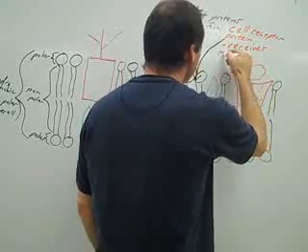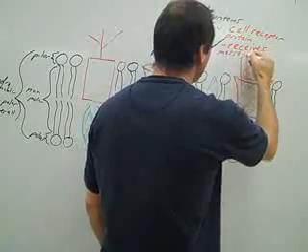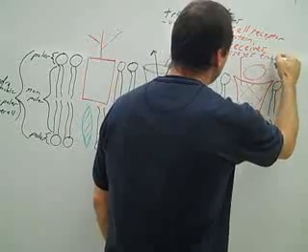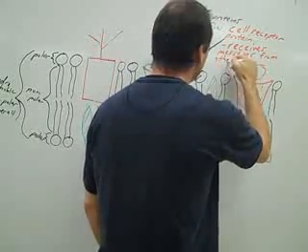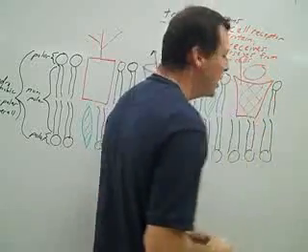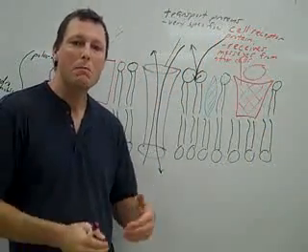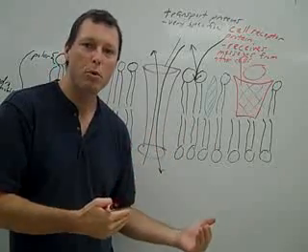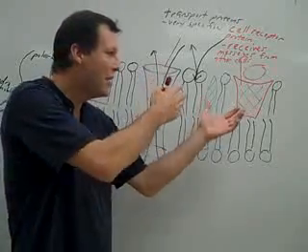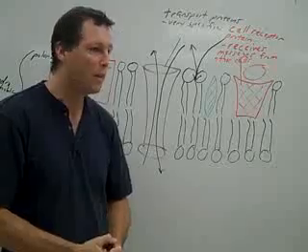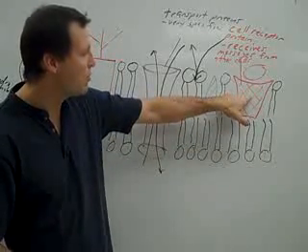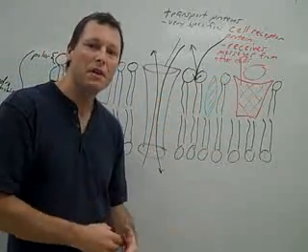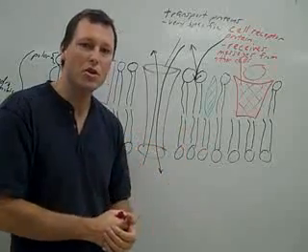Receives messages from other cells. And the way it does this is by binding molecules, messengers that other cells produce that are transported through the bloodstream and then end up attaching to this cell. So this cell receptor protein right here is specific for different types of messengers.